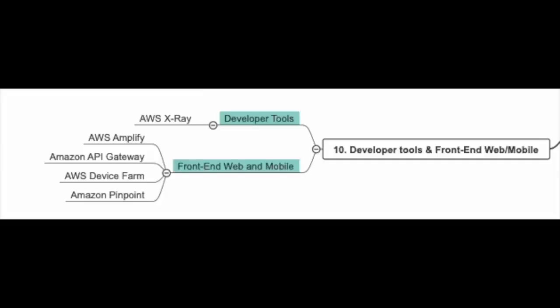The 10th service topic is related to developer tools and front-end web mobile. Among the developer tools, there is a service called AWS X-Ray, which provides distributed application tracing and debugging services. Also, AWS offers a variety of tools and services to support the development workflows of native iOS, Android, React Native, and JavaScript developers.